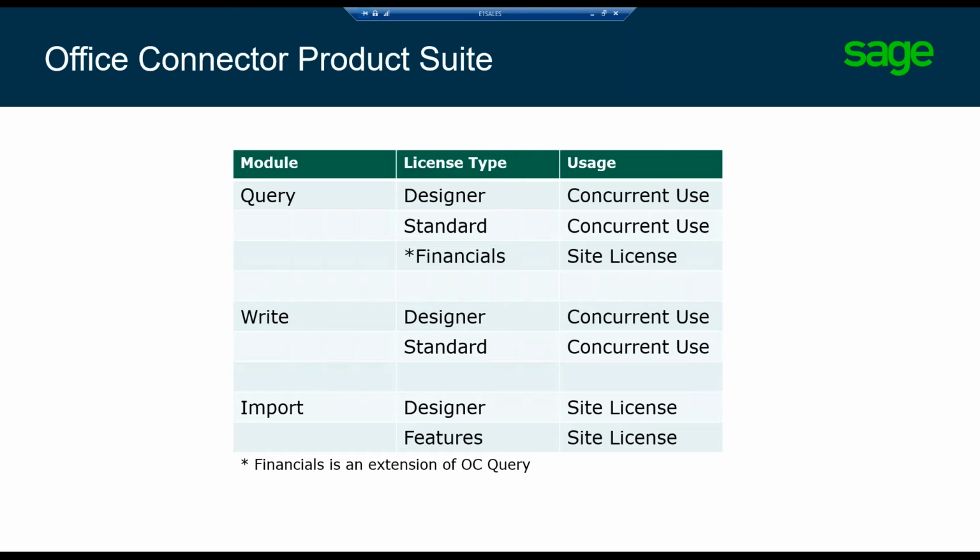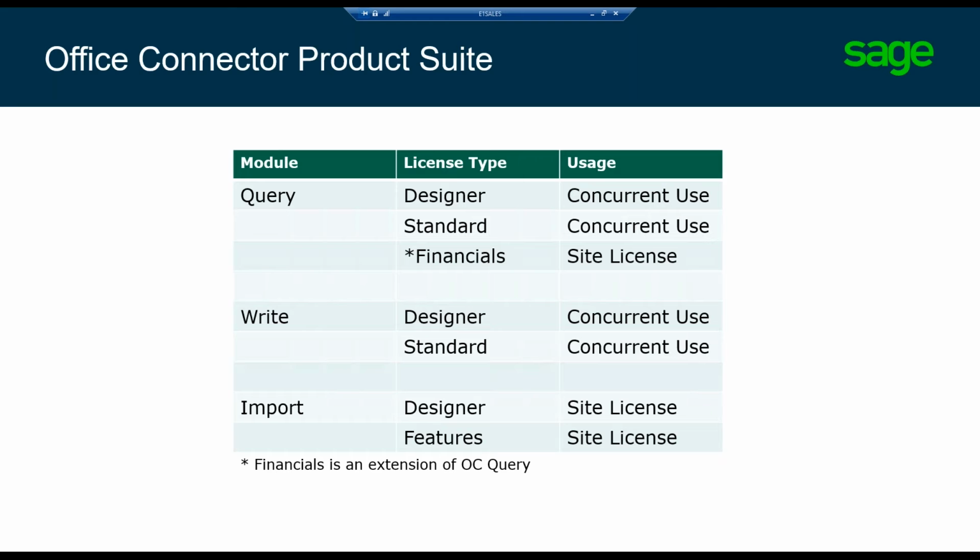The same is true of a concurrent use of query or write. If you had 2 concurrencies, then 2 people could be utilizing it at the same time, and if a third attempts to do so, they wouldn't be able to unless somebody released the concurrency or you acquired additional concurrencies.